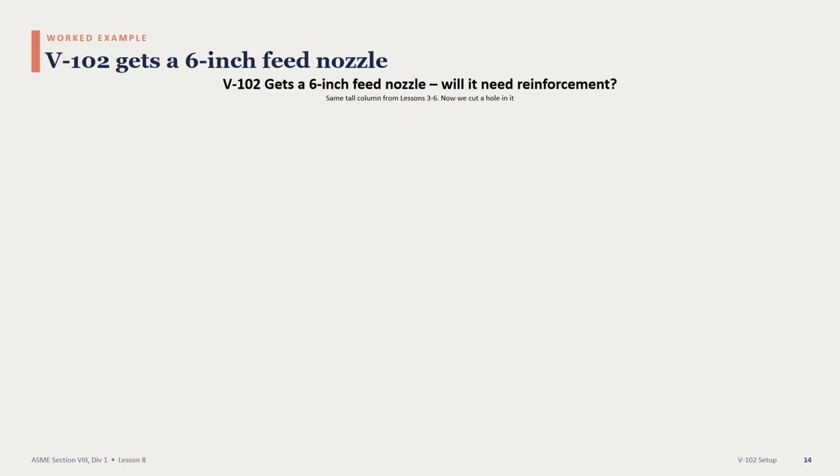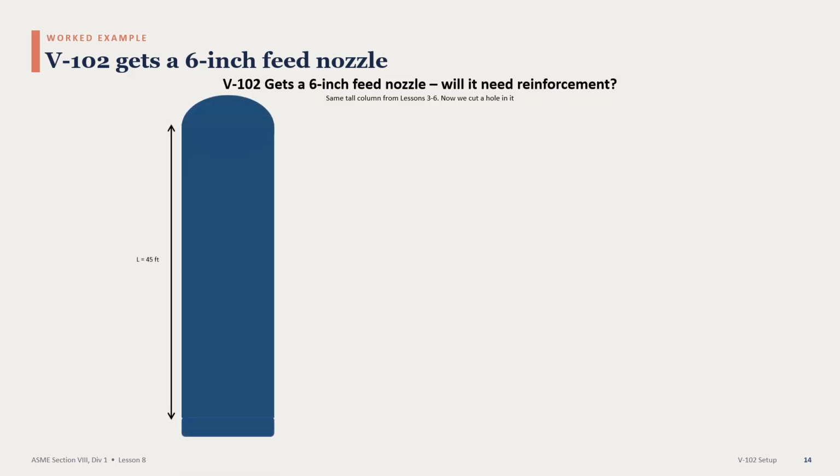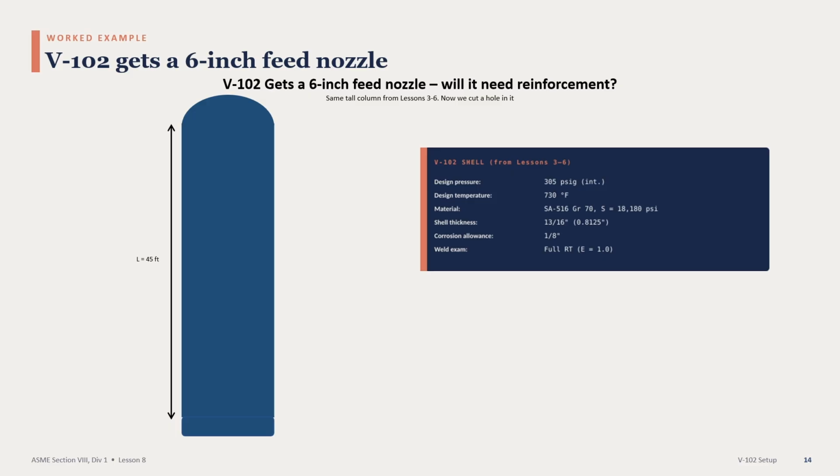Time for our worked example. And we are going back to a vessel you already know. Meet V102 again, our tall process column, 72-inch diameter, 45 feet tall. Design pressure 305 psi at 730 degrees Fahrenheit.